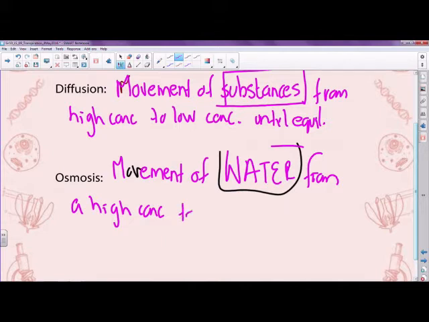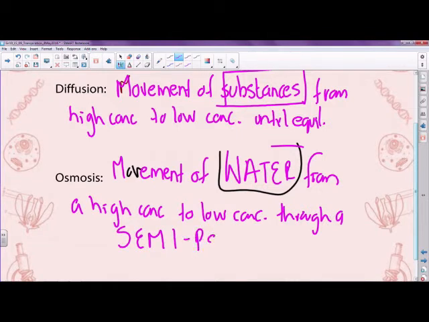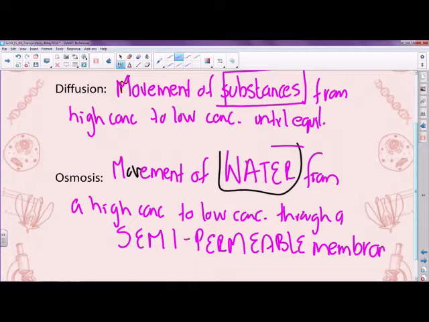Don't need too much energy for that. Low concentration. Here comes the next key: through a semi-permeable membrane. Your teacher might have used selectively permeable or differentially permeable. Semi-permeable membrane. So what we're talking about here is a cell membrane, until equilibrium.